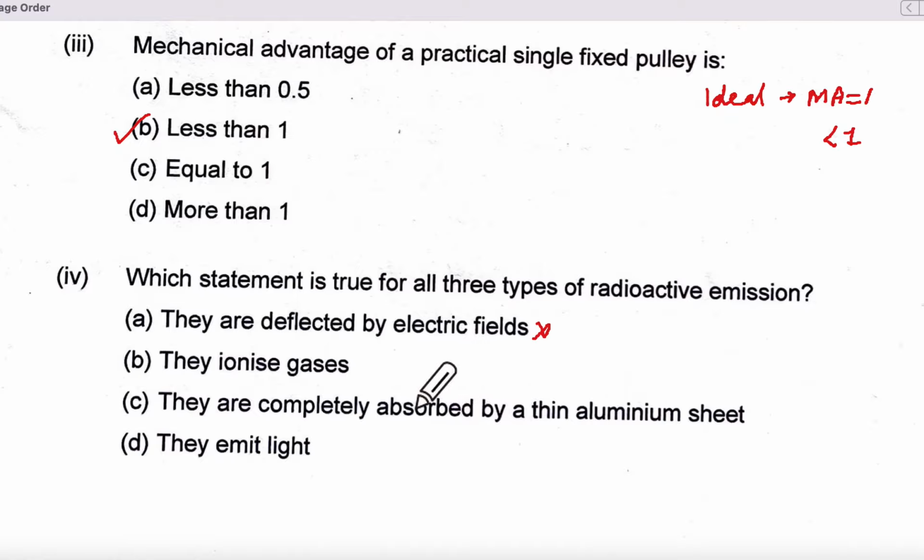No, alpha gets absorbed, but thin aluminium sheet gamma passes through, right? So they emit light? No. So this is the correct one: they ionize gases. Only ionization means alpha is to beta is to gamma. You have to remember these numbers. 10⁴ is to 1 is to 10⁻⁴. So this is your alpha is to beta is to gamma. You have to know these numbers.